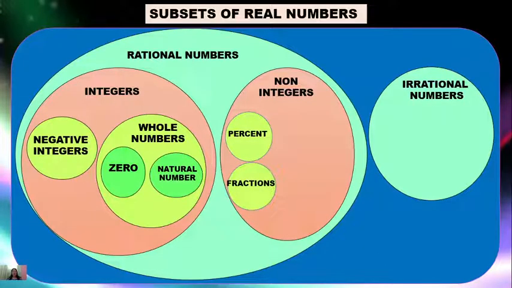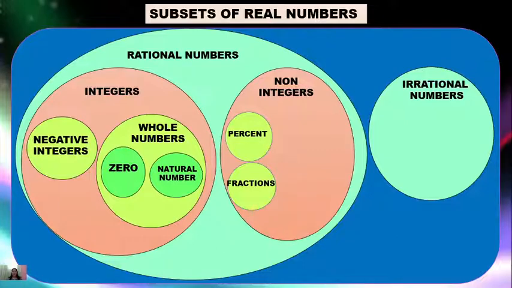fractions. Okay, fractions. So when we say fractions, it is a ratio between two numbers, just like a over b, wherein a is the numerator and b is the denominator. So if the fraction is a proper fraction, it means that the numerator is smaller than the denominator.